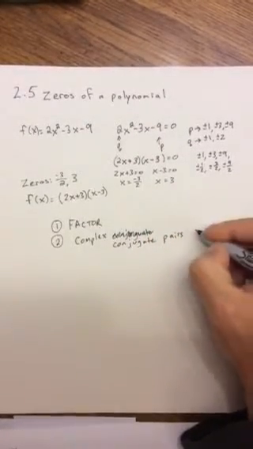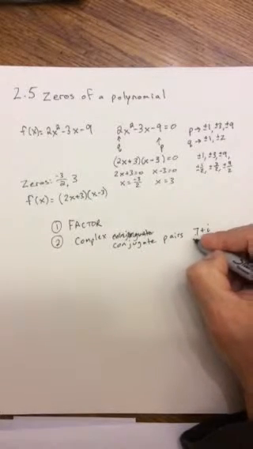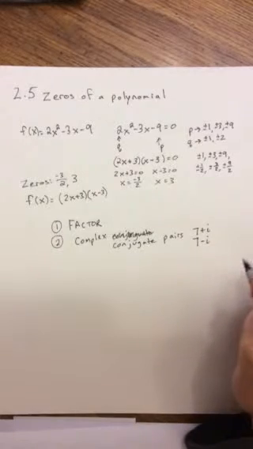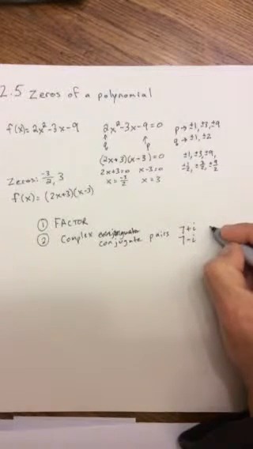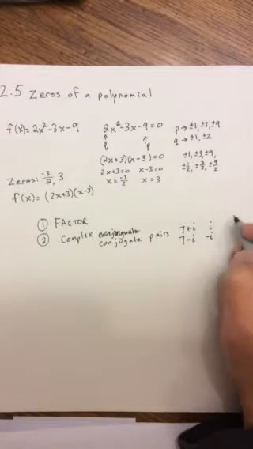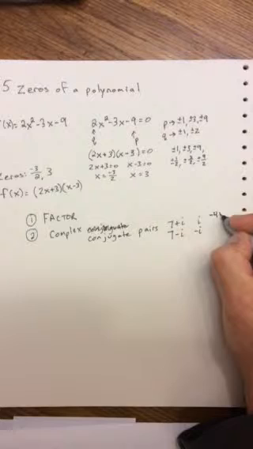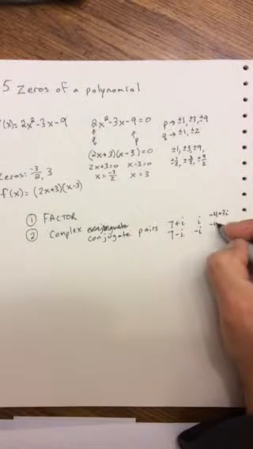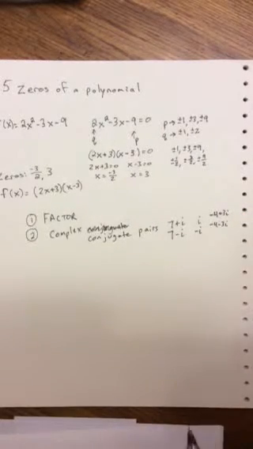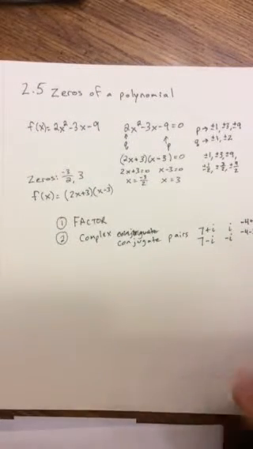So if by chance you get 7 plus i as a 0, you know 7 minus i is a 0. If you get just i, then opposite i is a 0. If you get negative 4 plus 3i, negative 4 minus 3i is also a 0. Okay? So keep keenly aware of that.